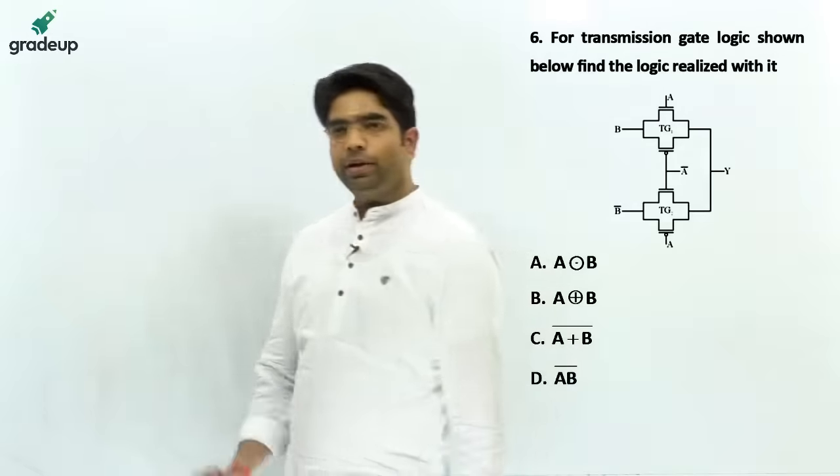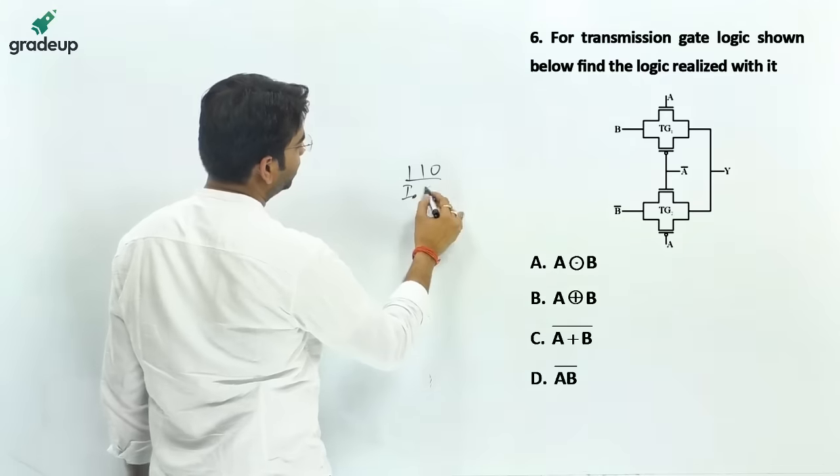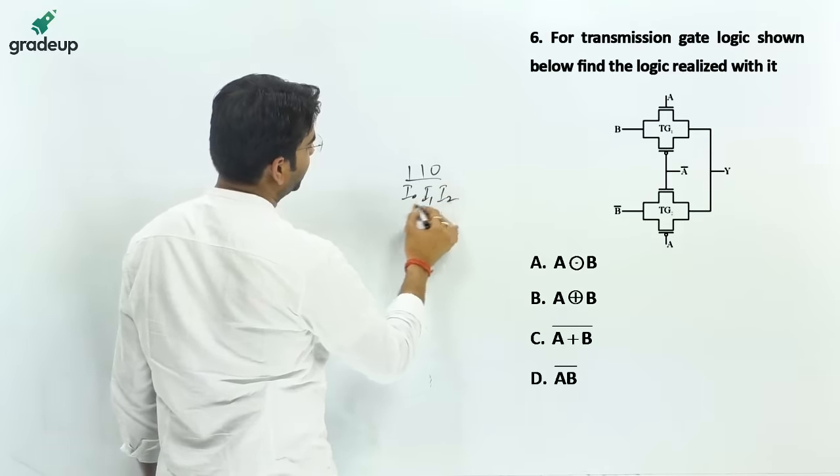Yeah, Pramod, that will be 1 1 0, so it will be I0, I1, and I2.